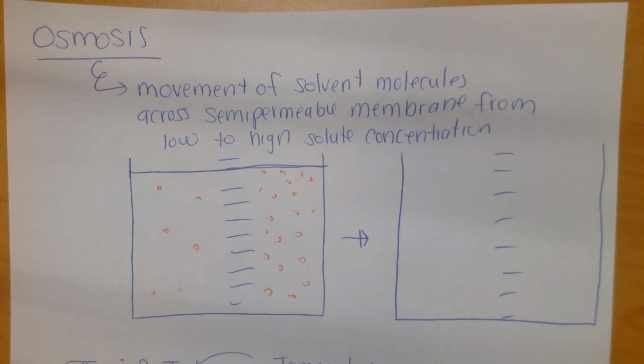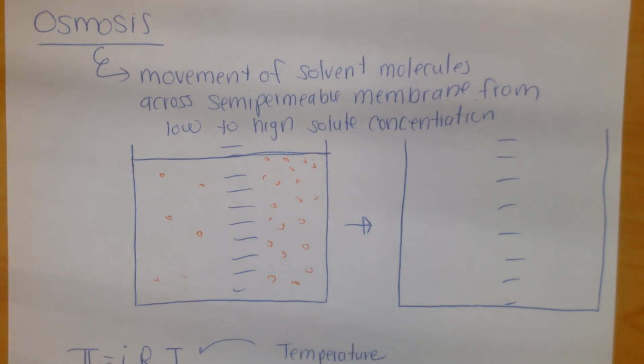Okay, so our last topic, the last colligative property that we're going to see, is called osmosis. Osmosis is movement of solvent molecules across a semi-permeable membrane from low to high solute concentration. So this one we're looking at the movement of solvents.